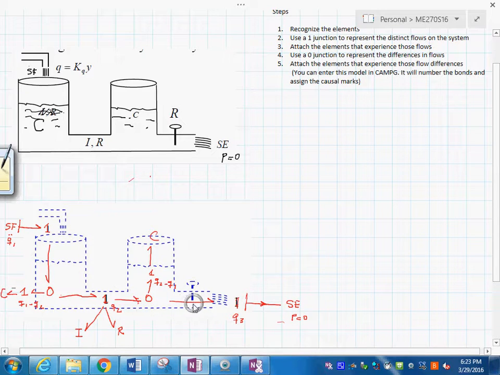Now, what we can do, just as a matter of exercise, is to assign the causal marks in here, perhaps with a different color pen, and then we will enter this into CAMG and see what the assignments are. So in here, if you have the causal mark this way, then it means that this has to be like this.